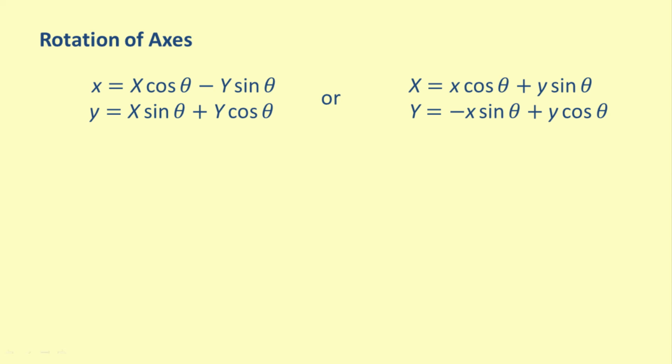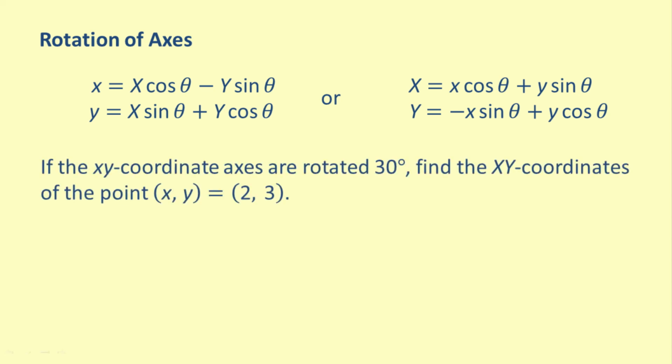Now, let's try an example. If the xy axes are rotated 30 degrees, find the capital XY coordinates of the point xy equals 2, 3. Starting with the rotation formulas, let x equal 2, y equal 3, and theta equal 30 degrees.